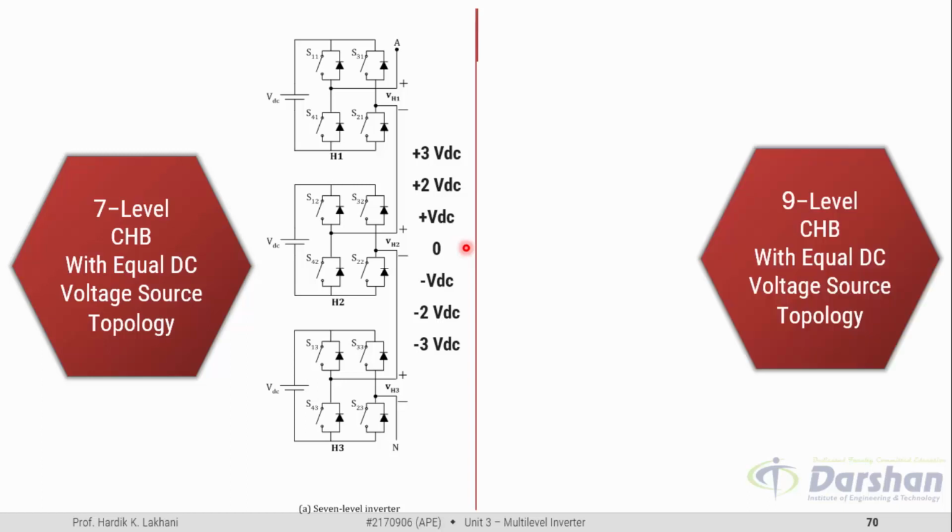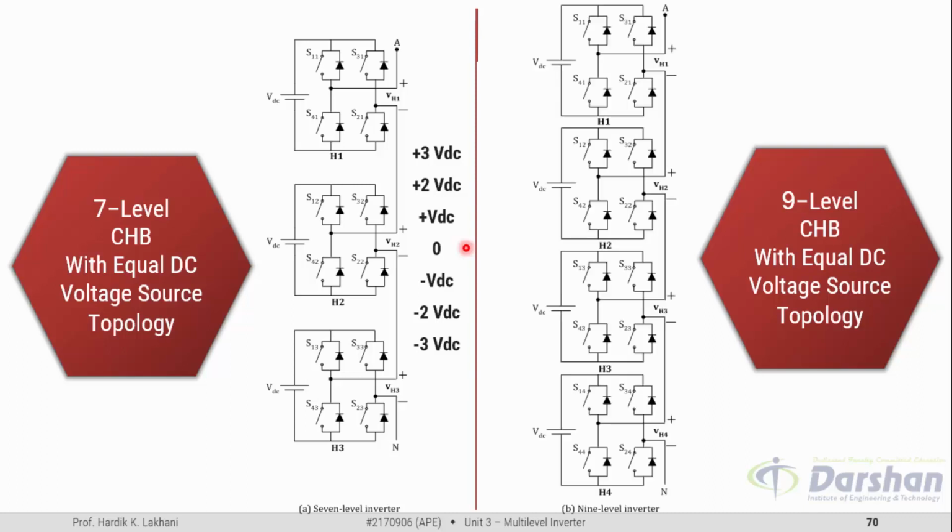And for a 9-level CHB having equal DC voltage sources, the circuit should be like this. We need 4 units of H bridge, and all of them are fed with equal magnitude of separate DC sources.